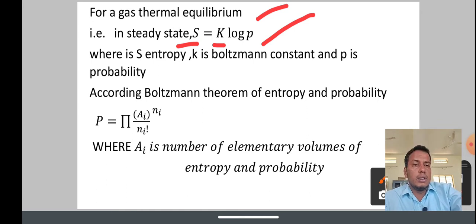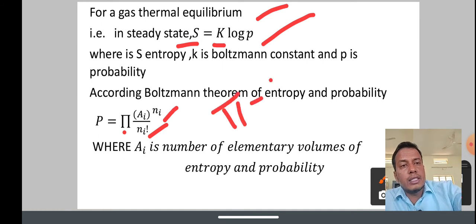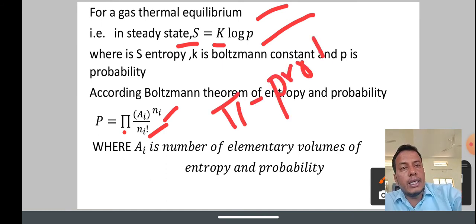According to this Boltzmann theorem, the probability of the distributed particles is given by P equals the product over i of A to the power of Ni divided by Ni factorial. Pi is the product symbol, just like we use sigma as a sum.